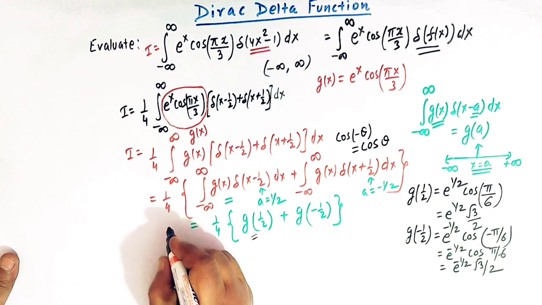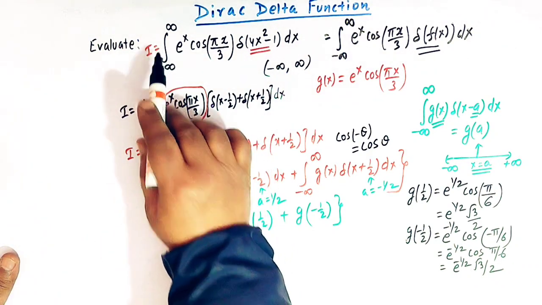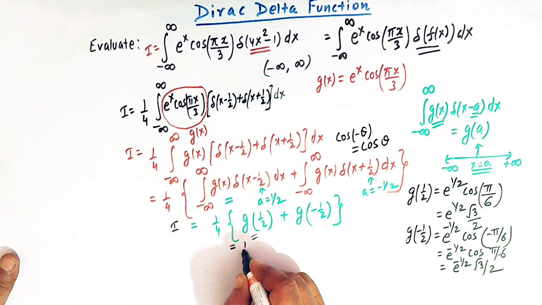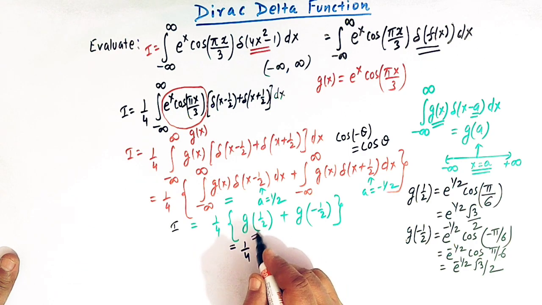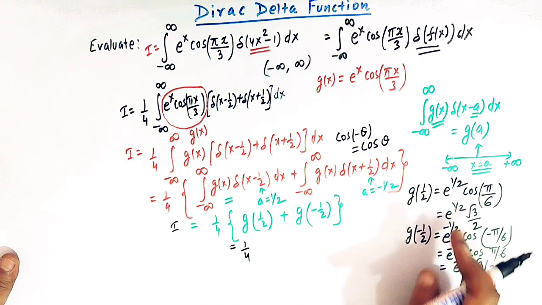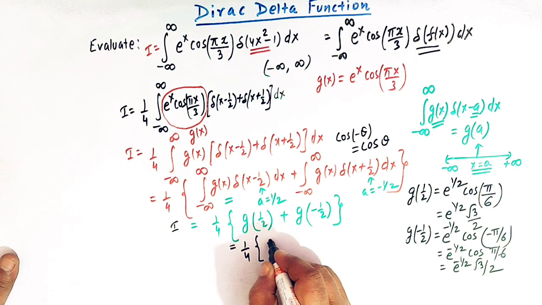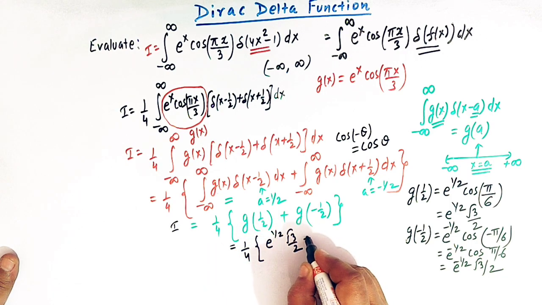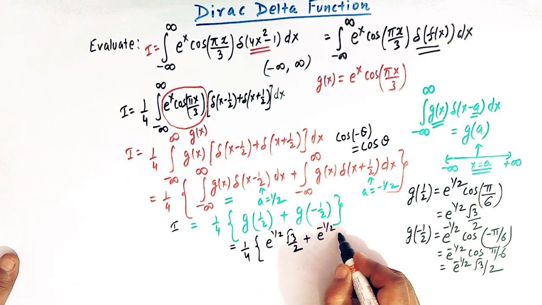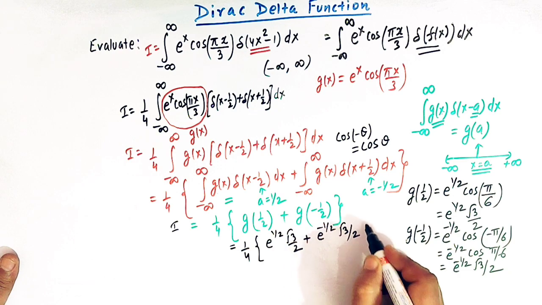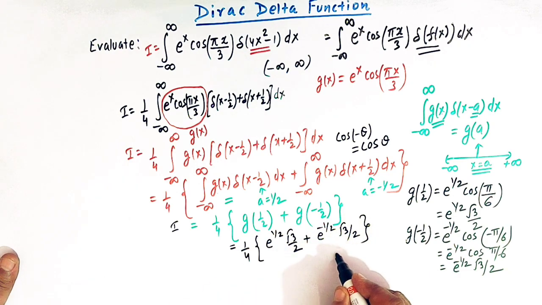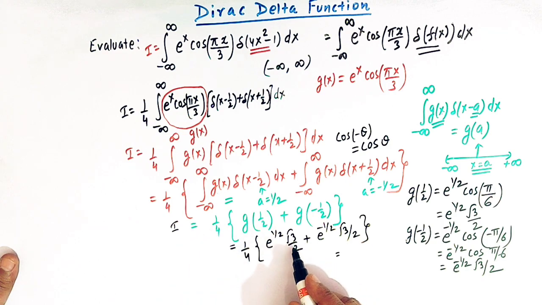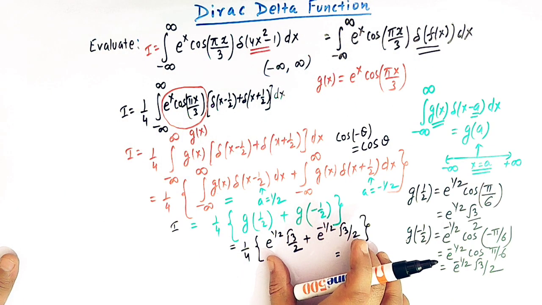So now the value of this integral is equal to 1 by 4, and then for g of half we have e raised to half times root 3 over 2, plus e raised to minus half times root 3 over 2, right? Now simplifying it, we can take root 3 over 2 outside, common from this factor.